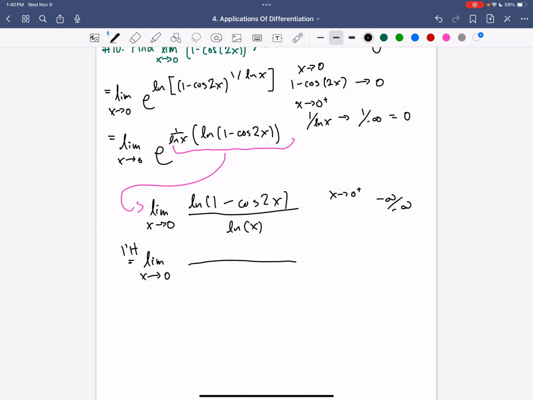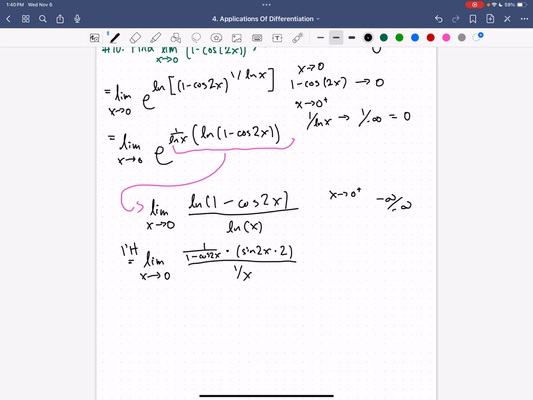Using L'Hopital, the derivative of log of 1 minus cos 2x is 1 over 1 minus cos 2x times the derivative of the inside, so that's sine 2x, times 2. And then on the bottom, we have 1 over x.